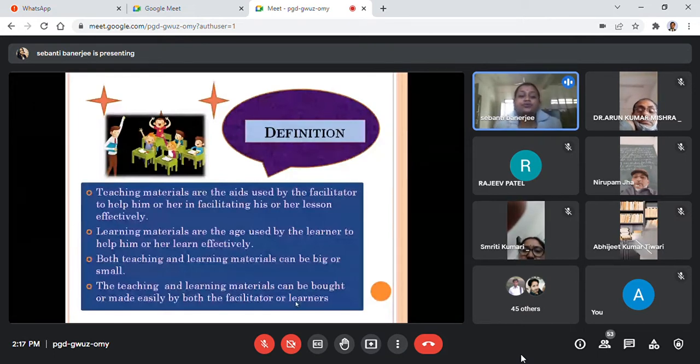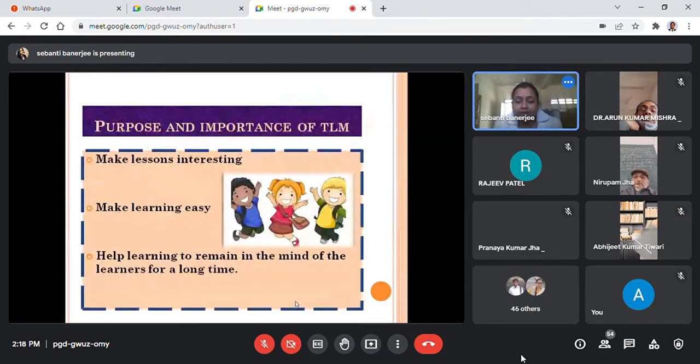Now, let's move to the purpose and importance of TLM. What are the basic purposes and importance of using a TLM in the classroom? The first and foremost is, as the picture shows, that it makes the lesson interesting and easy to understand. We will learn in the further slides what the work of the TLM is. TLM engages more and more sensory organs in the teaching learning process.